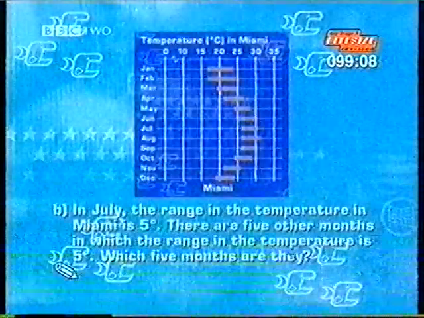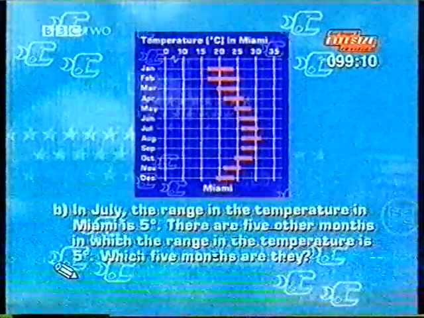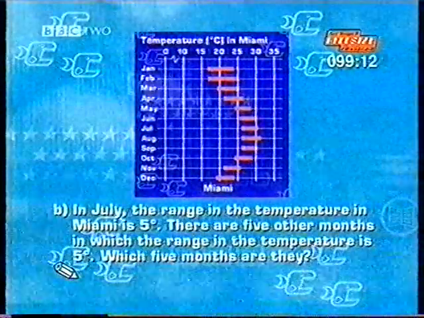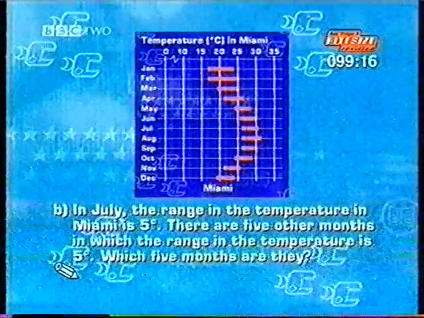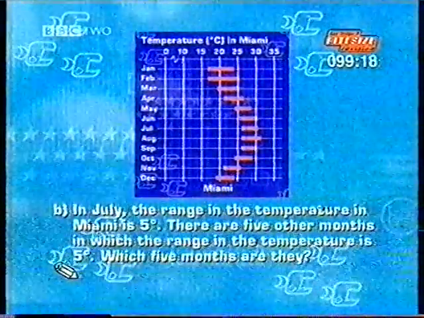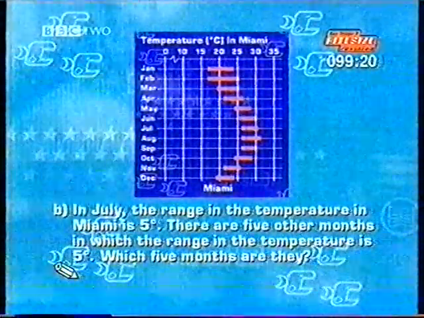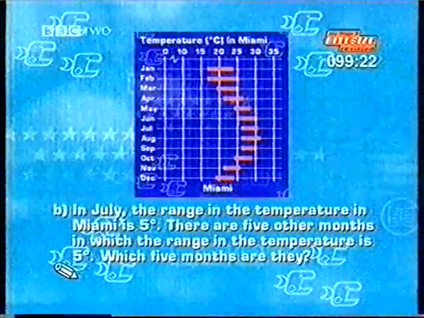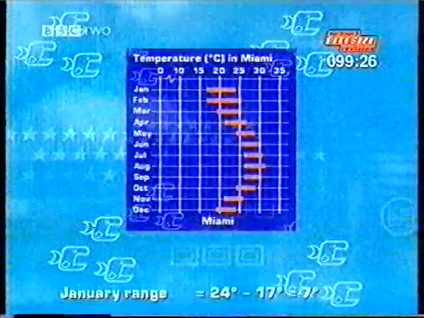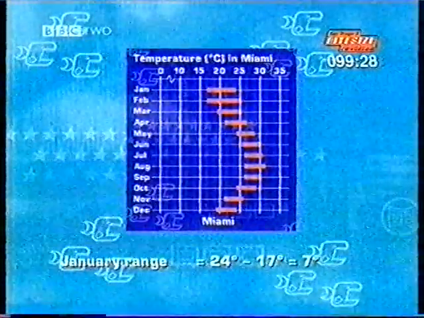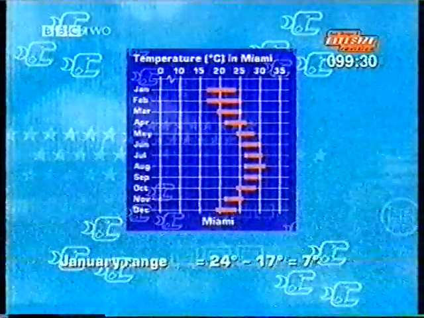Now, part B. In July, the range in temperature in Miami is 5 degrees. There are 5 other months in which the range in temperature is 5 degrees. Which months are they? We are looking for months with a temperature range of 5 degrees. We were told that in January the temperature ranges from 17 degrees to 24 degrees.